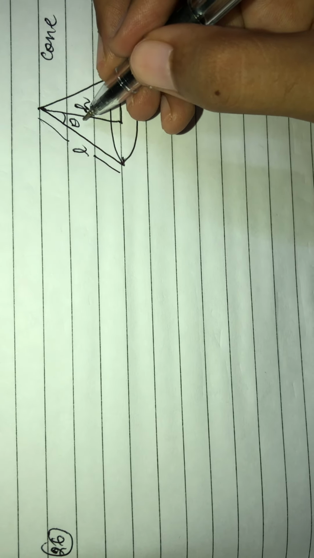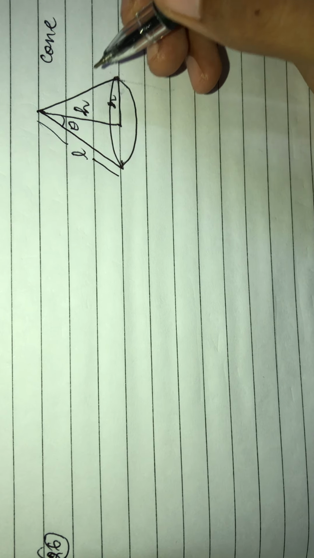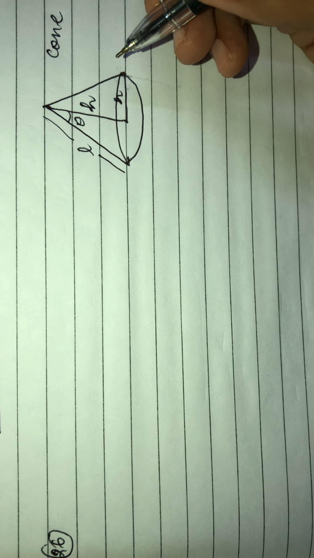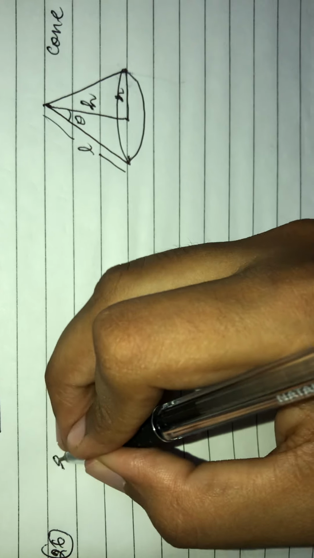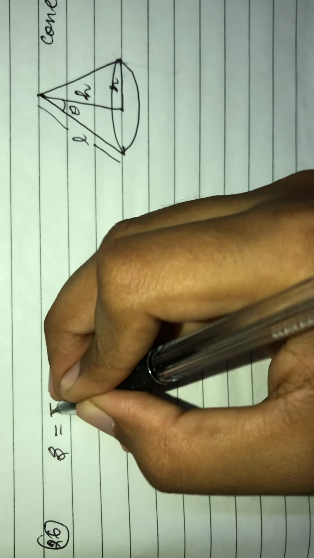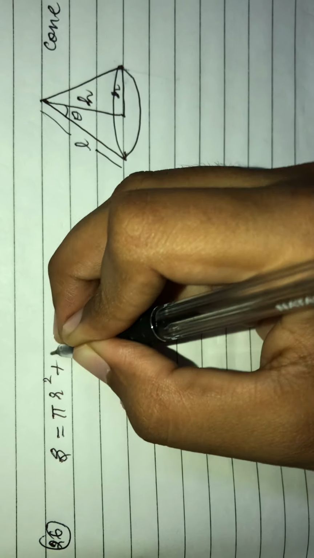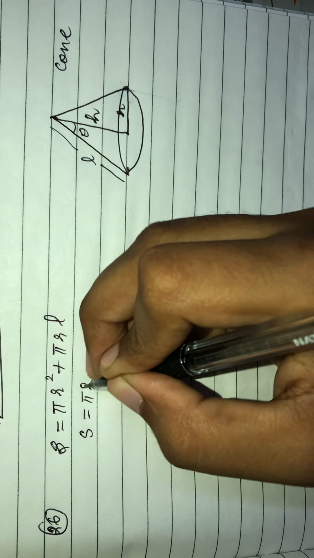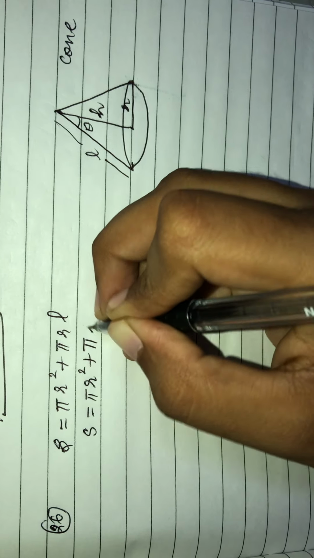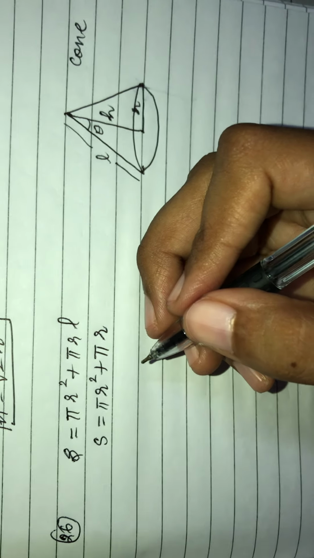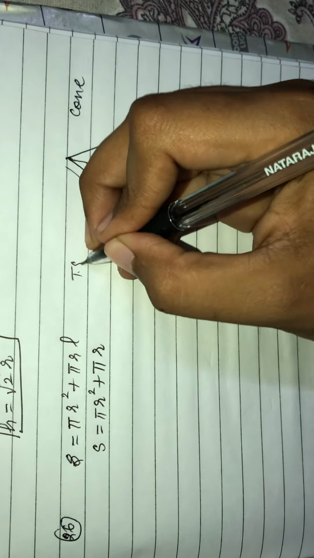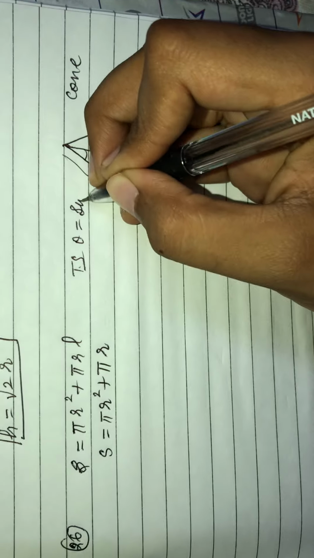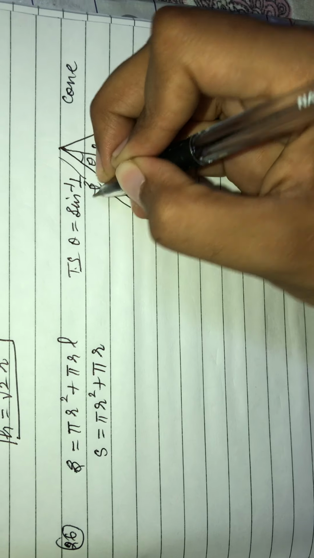Now given that surface area of a cone will be, surface area of cone if I talk about, pi r square plus pi r l. So that means S is equivalent to pi r square plus pi r l. They are saying we need to prove that semi-vertical angle theta is sine inverse 1 by 3.